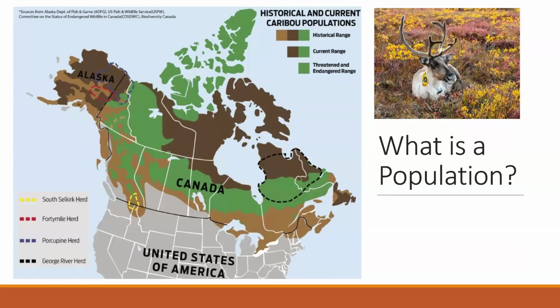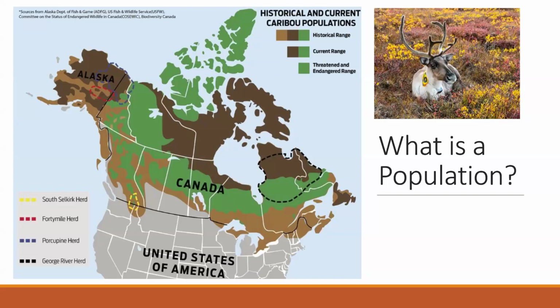So we have this geographic separation now between the Eurasian reindeer and the North American caribou. Now, they still will interbreed if you move them together, but they're probably on their way to becoming different species because they're completely isolated from one another.